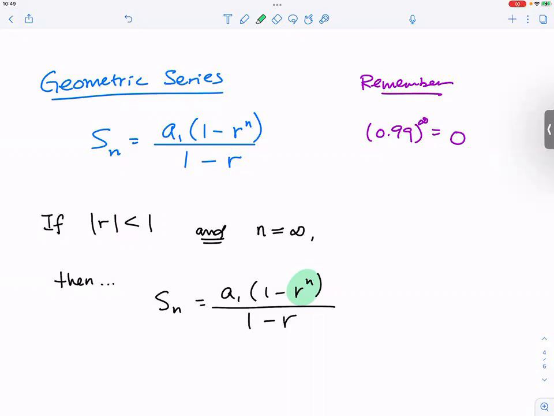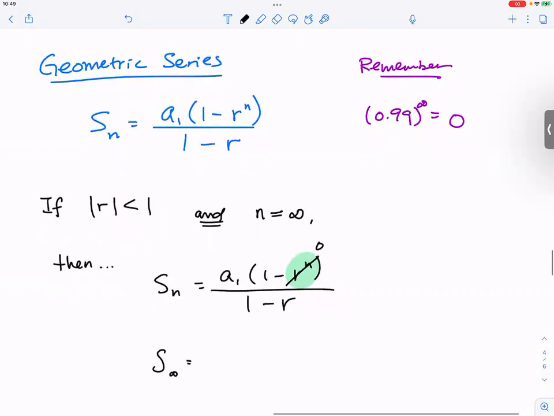It goes to 0, right? So what's inside the parentheses now? It's just 1. So if we have an infinite amount of terms to add, we have a1 times 1 over 1 minus r.